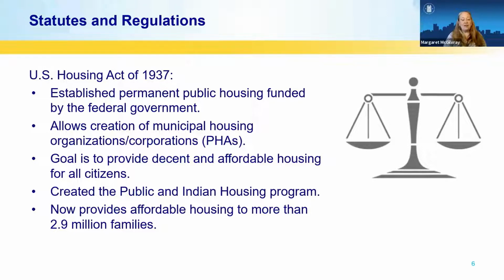Understanding how the statutes and regulations work together is essential to understanding your oversight responsibilities. When your city, state, or federal regulations differ, then you adhere to the most stringent guidelines. So let's delve into this history a little bit further.